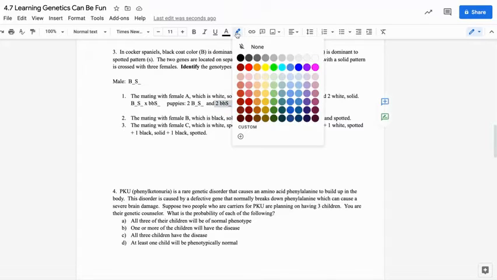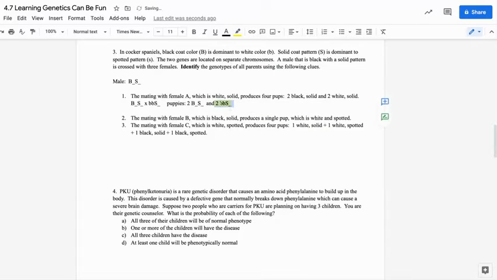So to get white, you have to have the two little b's, right? Well, we know that dad gives one allele and mom gives the other. Mom only has little b's to give, so we'll assume one of these is from her. But that must mean that dad gave the other one, right? So we can go in here and fill this in, because now we know this.